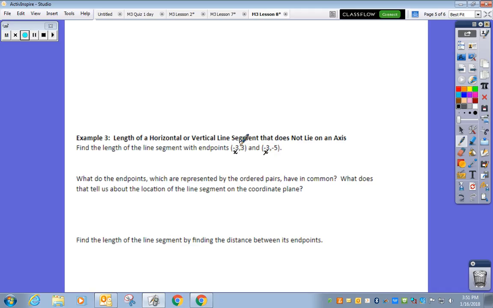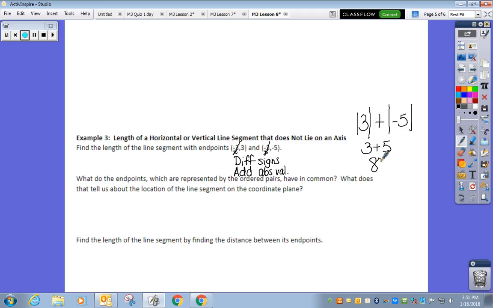Since they both have that, I'm going to cross them out. The y coordinates, one is positive, one is negative. So they're different signs, which means I'm going to add their absolute values. So I will find the absolute value of 3, add it to the absolute value of negative 5. 3 plus 5 tells me they're 8 units apart.